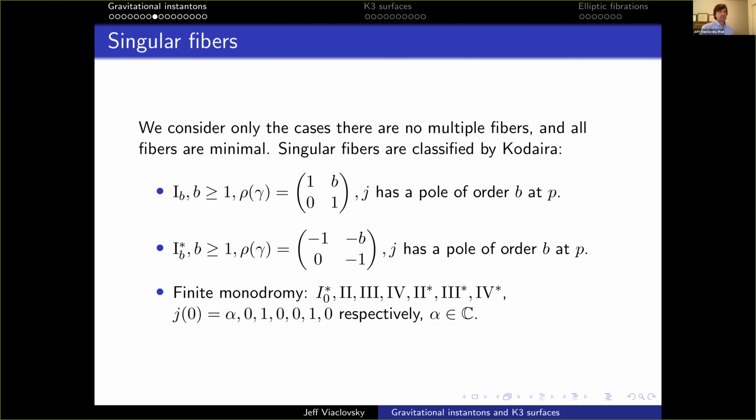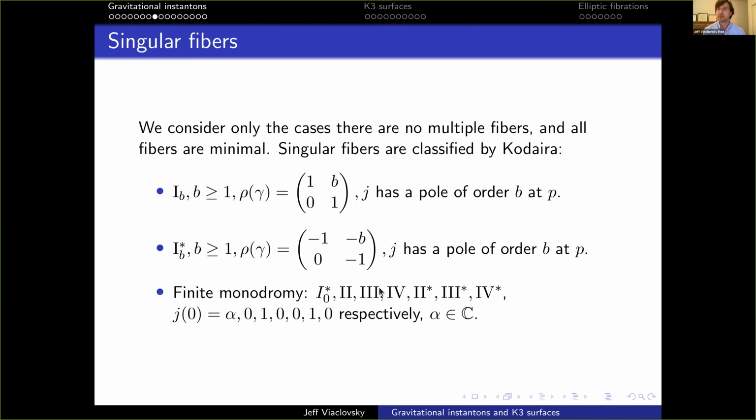So there's I0 star, II, III, IV, II star, III star, and IV star. The J invariant of I0 star can be any number, so J extends holomorphically over the point, and it can be any complex number in that case. Then there's the II and II star case, which have J invariant 0, the 60-degree lattice torus.